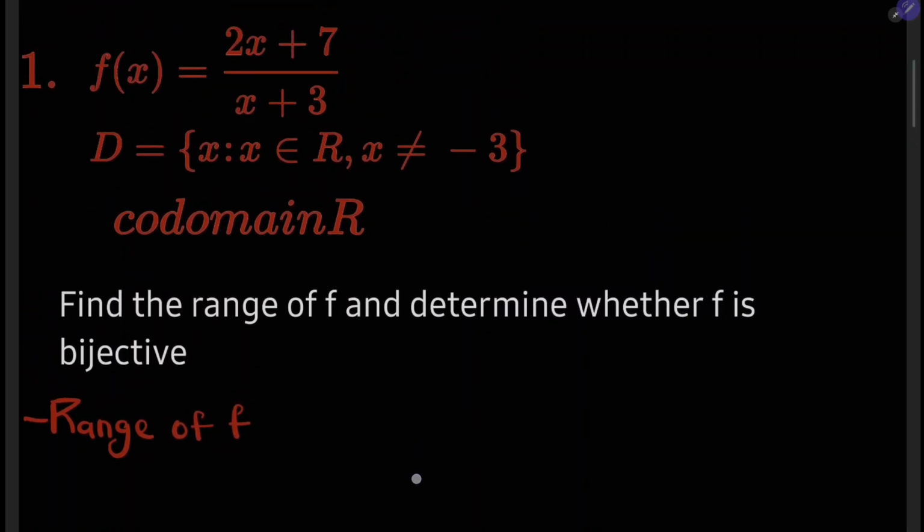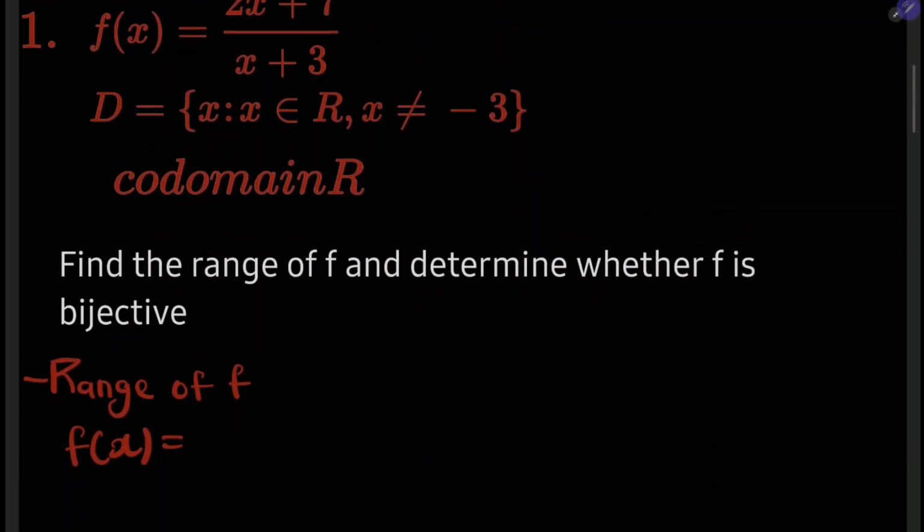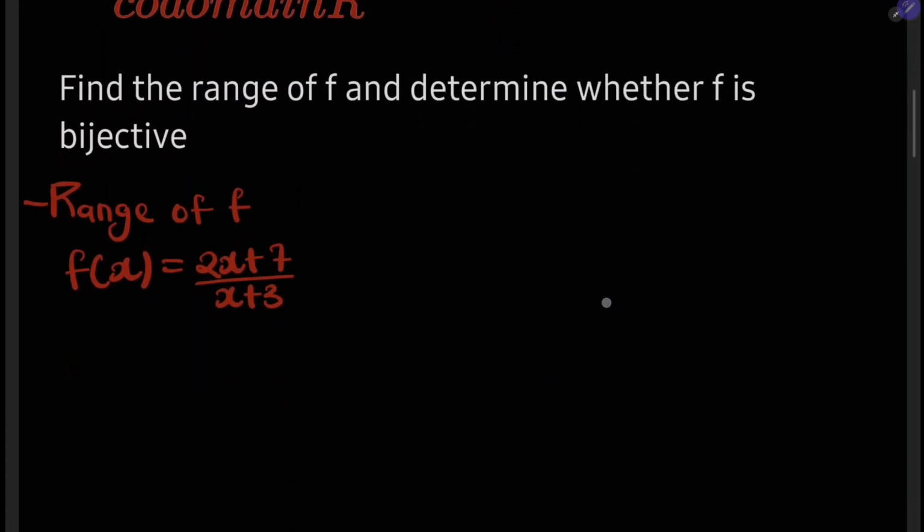To find the range of f, let me just write back that equation, that is f of x equal to 2x plus 7 on x plus 3. To find the range of f of x, we need to find the inverse.